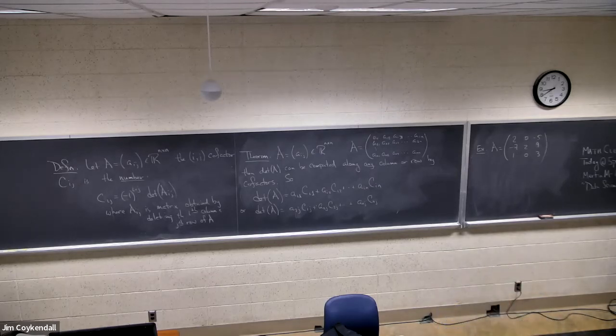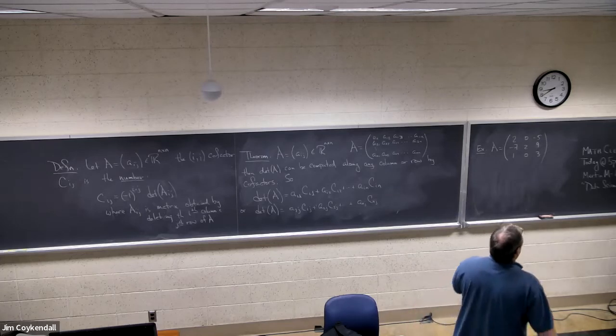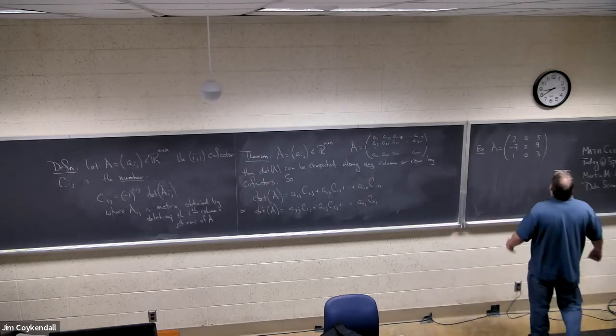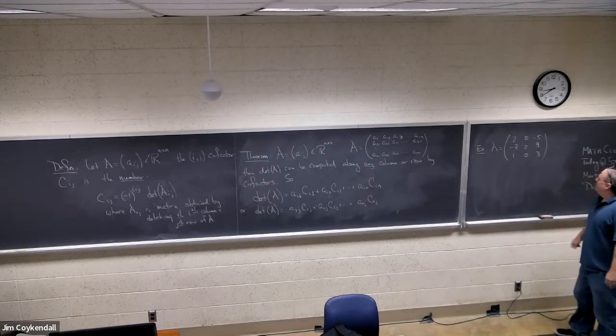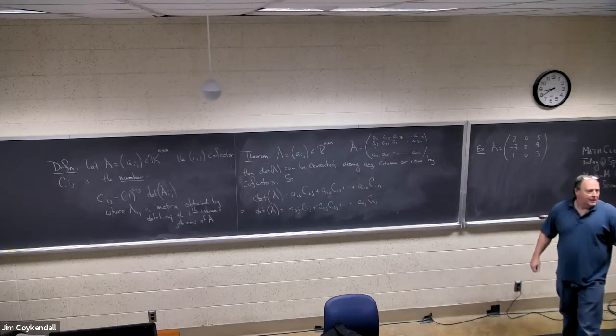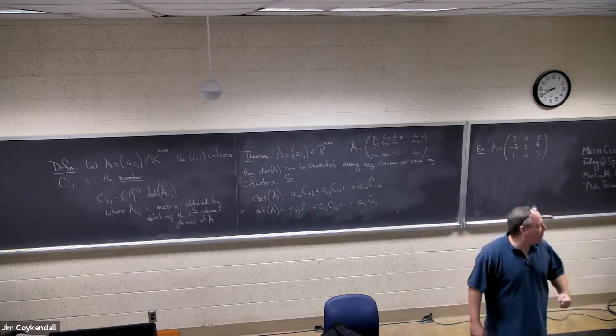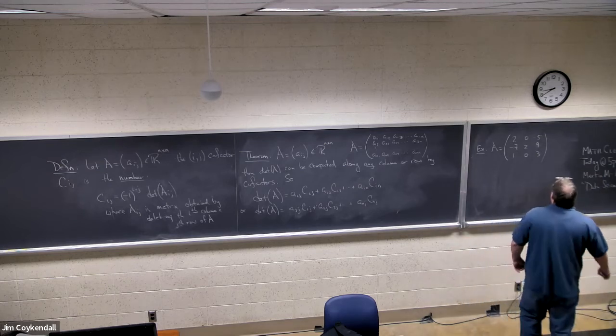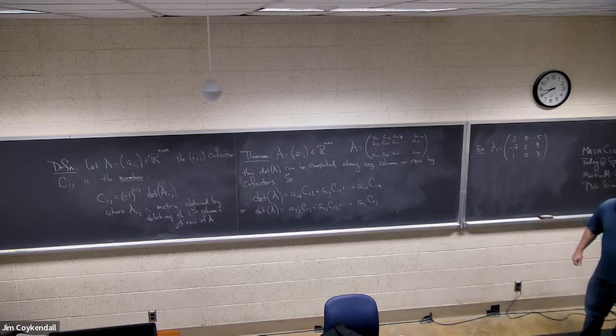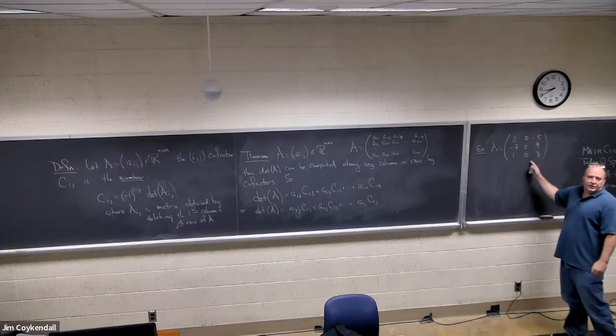Maybe I want to know if the system has more than one solution. This theorem gives us the power to expand about any row or column. What column or row looks best to you here? The second column is looking really good because it's almost all zero.